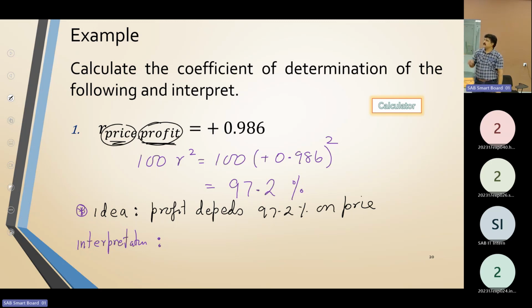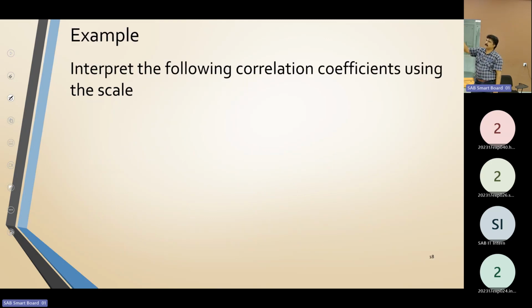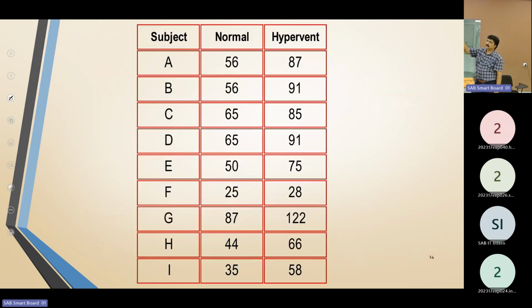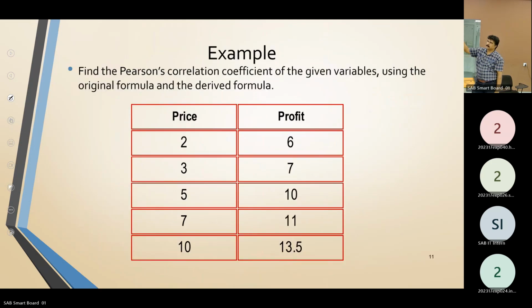We got this value through these values, the data set we collected, the 0.986. Now we are saying profit depends 97.2% on price. In the profit figures there is a variation.